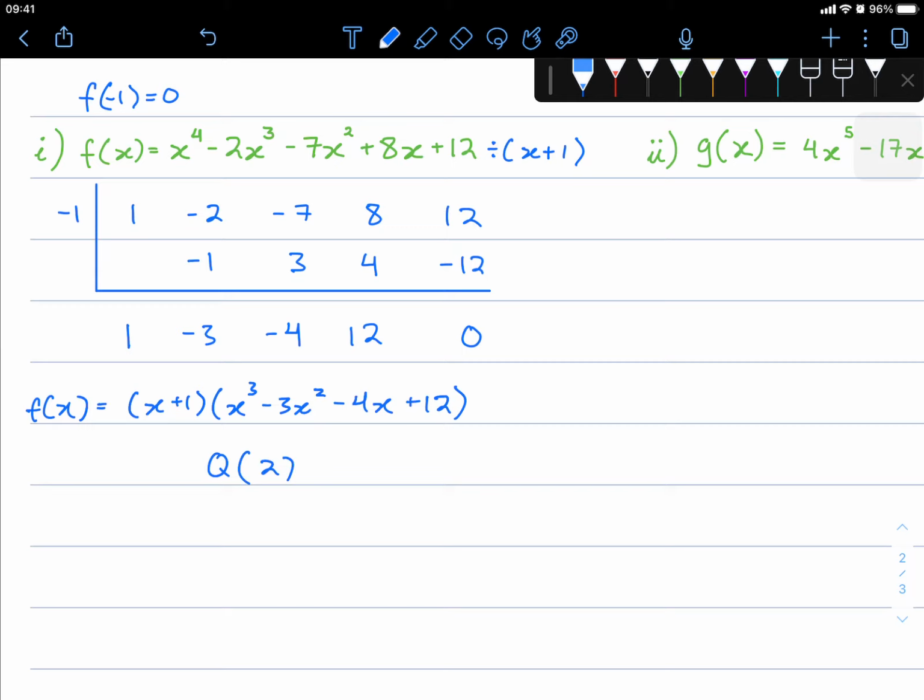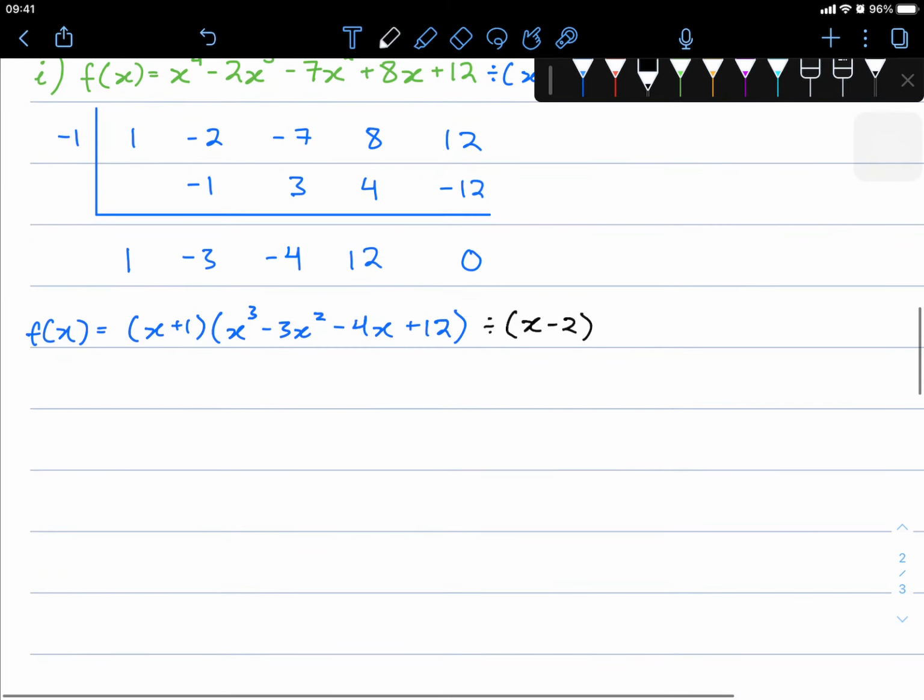So 2 cubed minus 3 times 2 squared minus 4 times 2 plus 12. This also gives me 0. So since that works, we're going to divide by x minus 2.